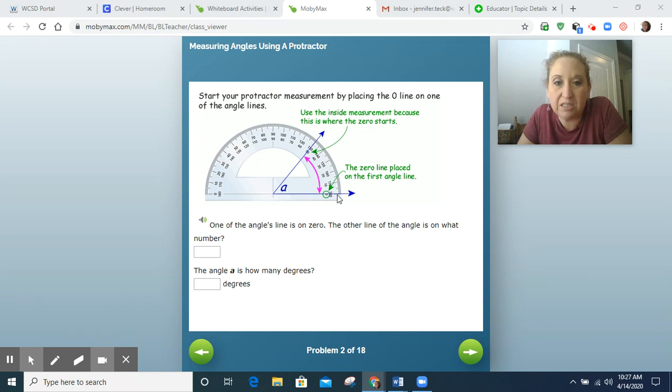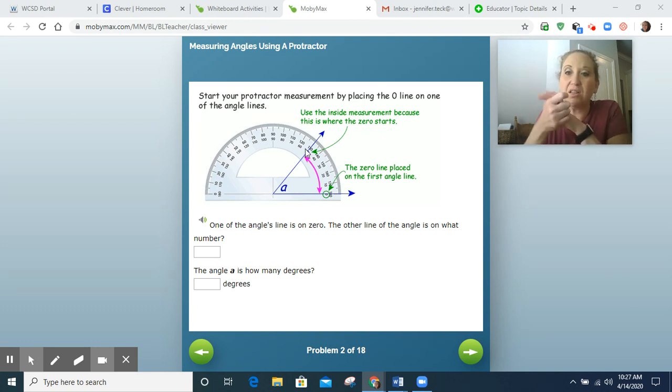And if you notice, this bottom ray is lined up with this 0, because we know an angle is measuring the arc or the area in between the two. It reminds us we have to use the inside measurement because this is where the 0 is. So if the 0 is on this bottom line, we have to use this number on the bottom line.